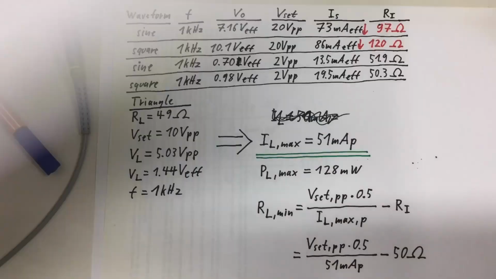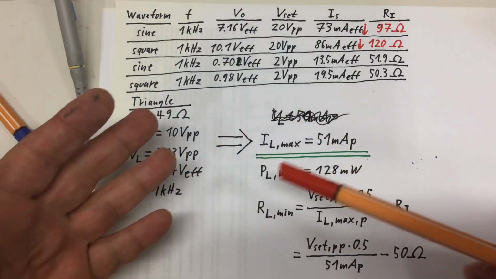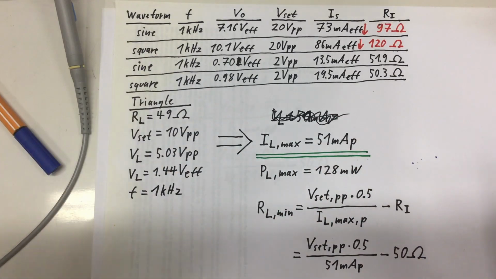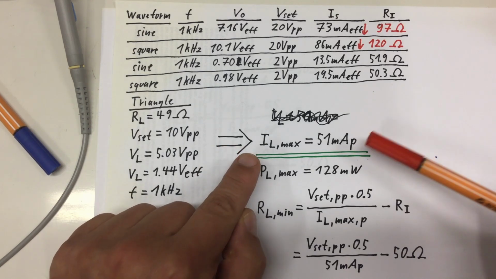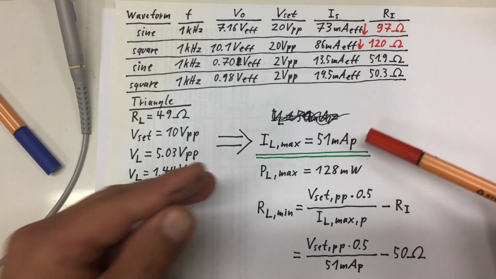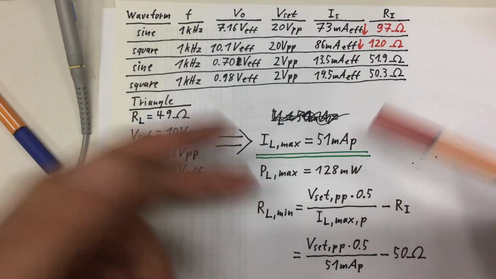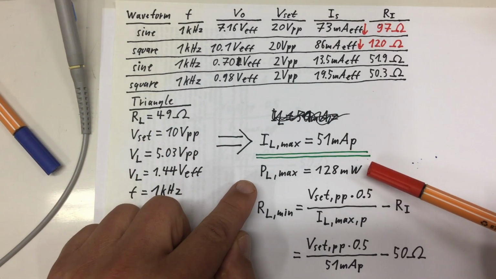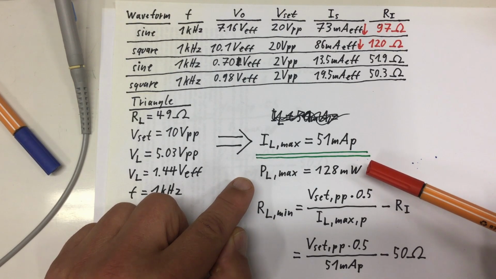Anyway, and all at 1 kilohertz low frequency. So, using Ohm's law, we can calculate that our maximum load current was 51 milliamps peak, and that leaves us, again, Ohm's law, do your own calculations, with a maximum power of 128 milliwatts.